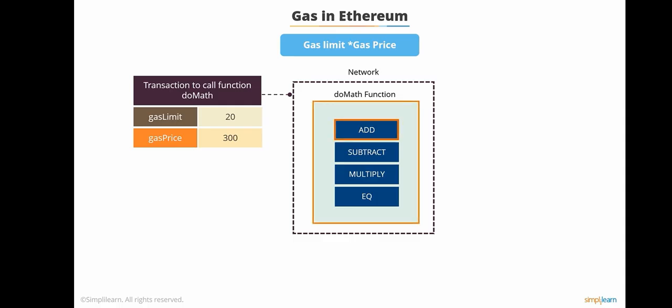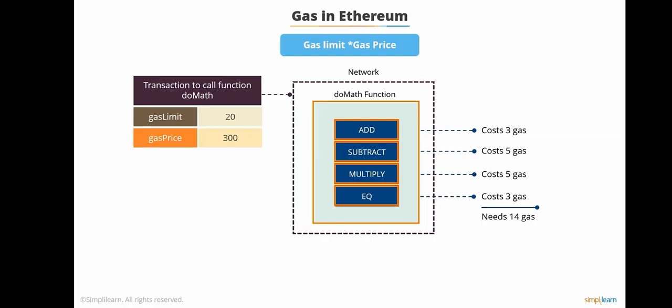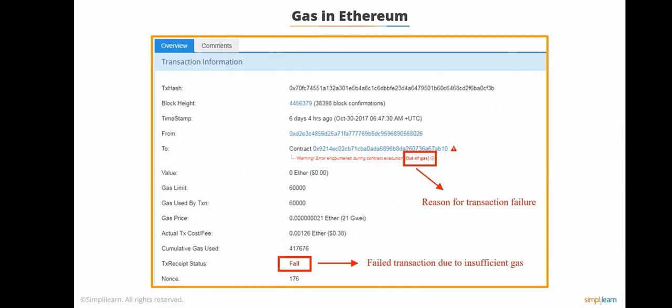However, the units of gas required for a transaction are defined by the amount of code executed on the blockchain. Lowering the gas limit below the amount required will not help much. If enough gas to cover the computational resources of the network is not supplied, the transaction will fail due to an out of gas error.